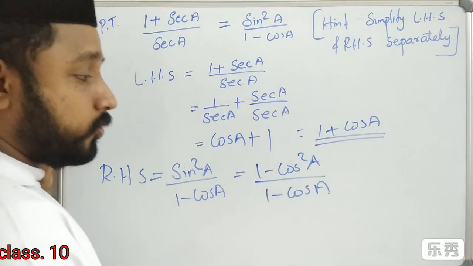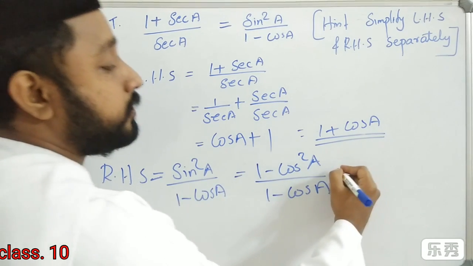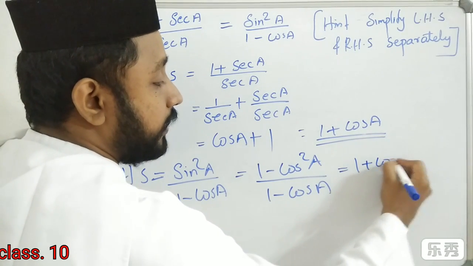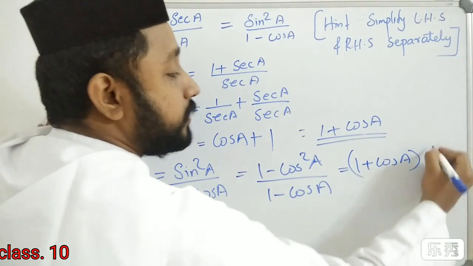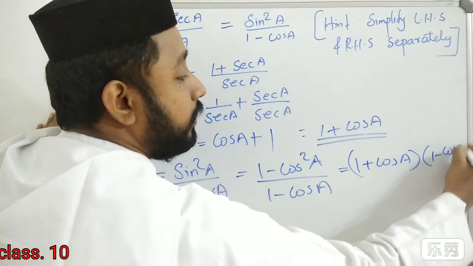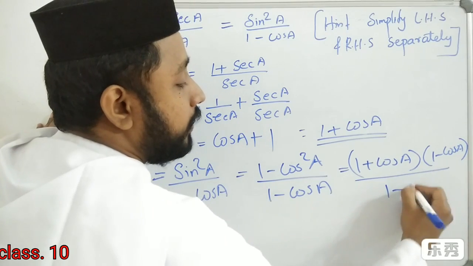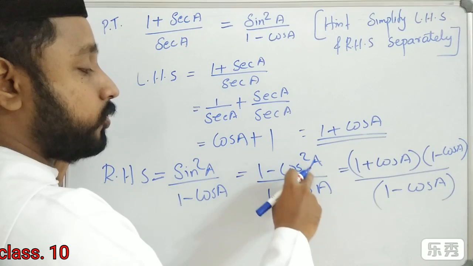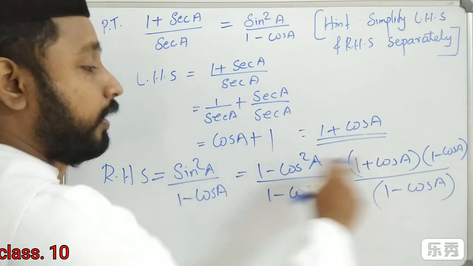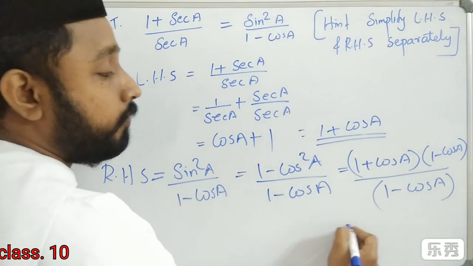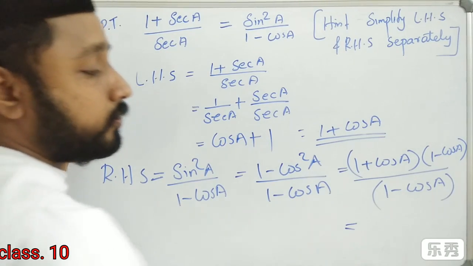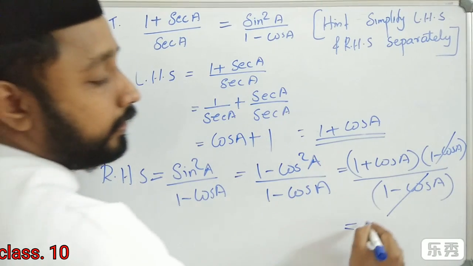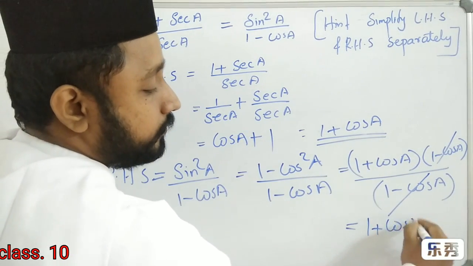So 1 square minus cos square A is equal to 1 plus cos A into 1 minus cos A. Denominator 1 minus cos A. So we got 1 plus cos A into 1 minus cos A by 1 minus cos A. We can cut this 1 minus cos A and this 1 minus cos A. Remaining is 1 plus cos A.